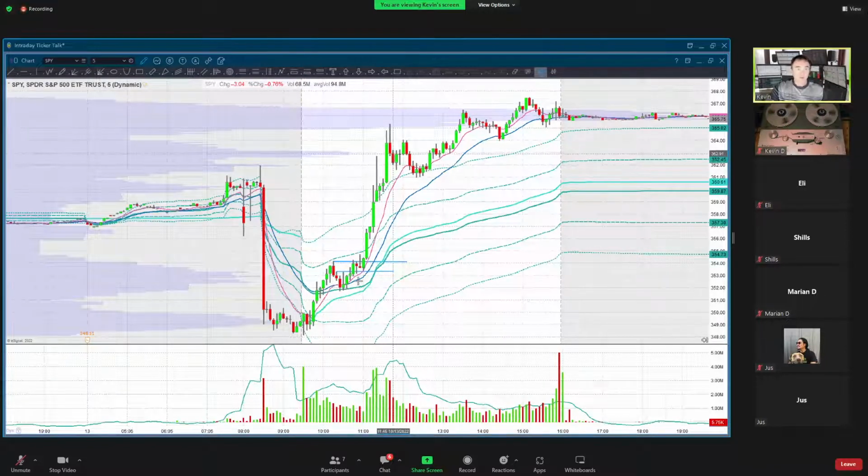So for instance, if price had come all the way back down here and touched this upper one, which is our regular trading hours one, I wouldn't have paid much attention to that yet. I would have expected price to continue down and then maybe bounce off of this VWAP, because this is the one that had worked before, right? So hopefully that makes sense.